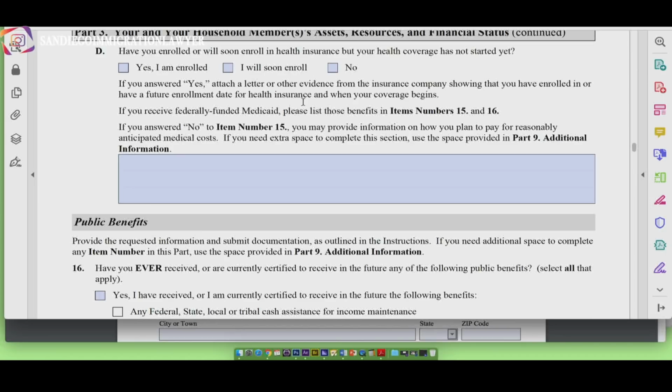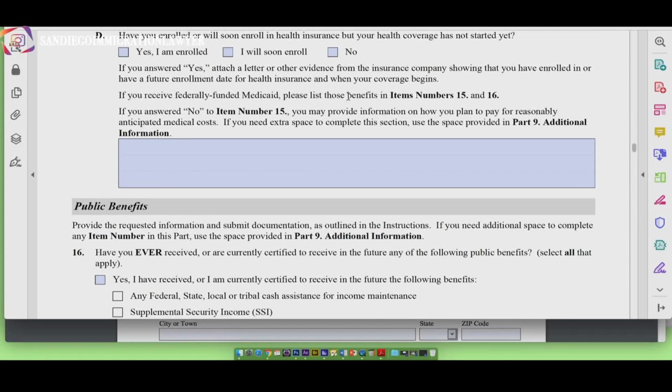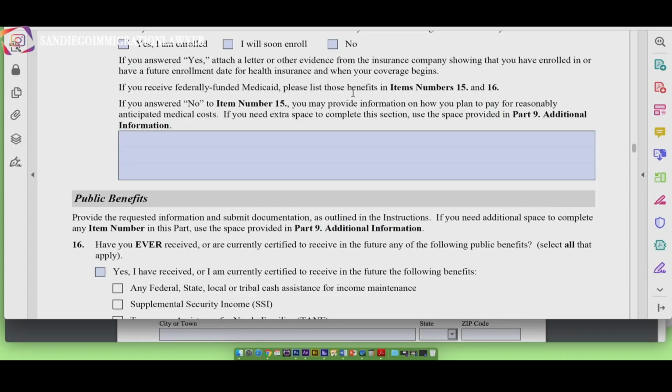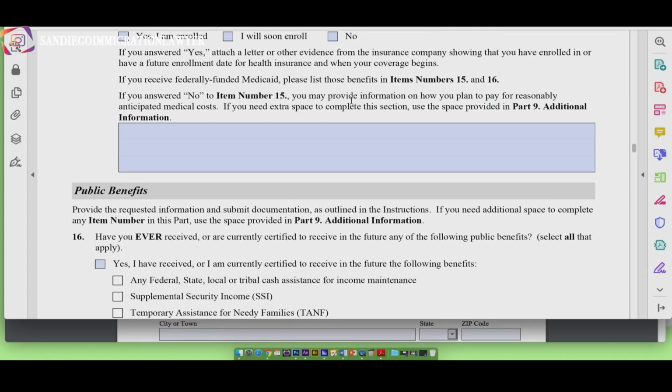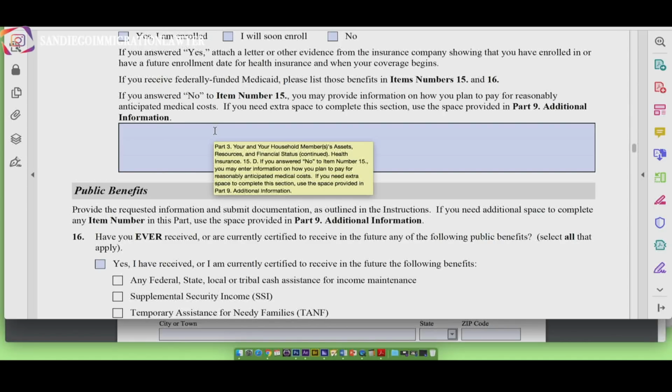And otherwise your answer is no, that you're not enrolled. You will have to provide some kind of explanation down here as to how you are going to cover your medical costs or expenses. What are your plans for insurance or covering the cost?